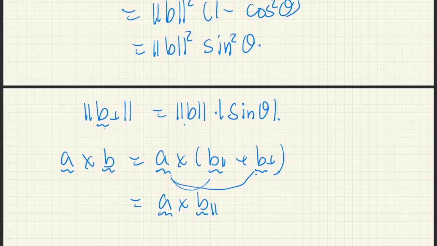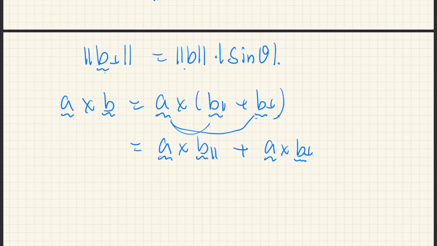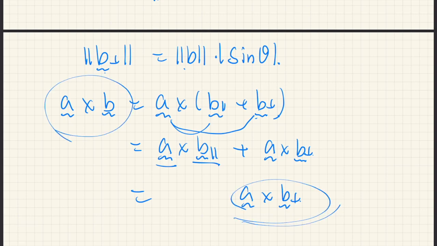So this is A cross B parallel plus A cross B perpendicular. However, B parallel and A are parallel to each other, so that cross product becomes the 0 vector. The 0 vector doesn't affect the addition, so A cross B is actually equal to A cross B perpendicular.